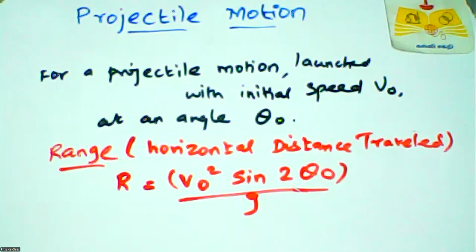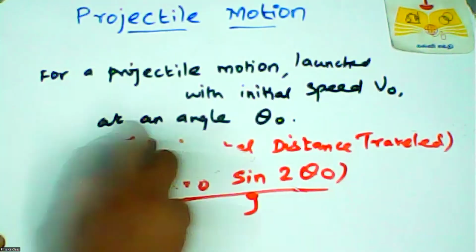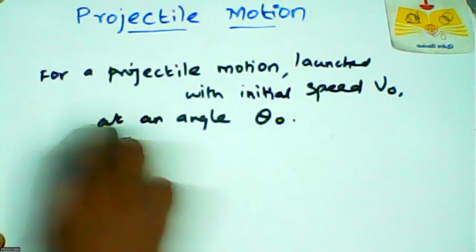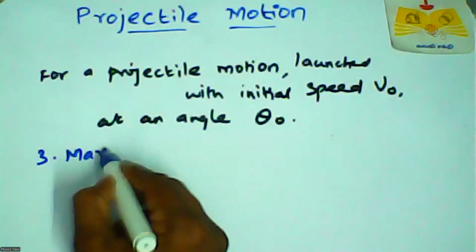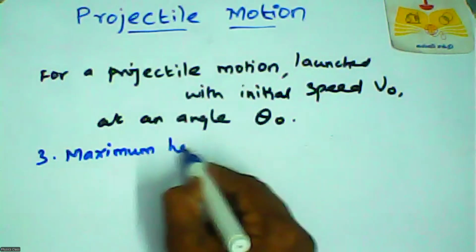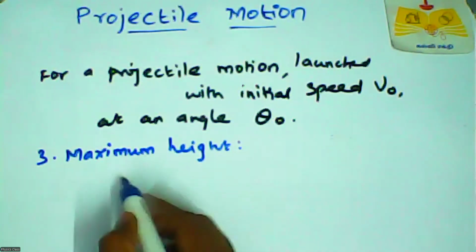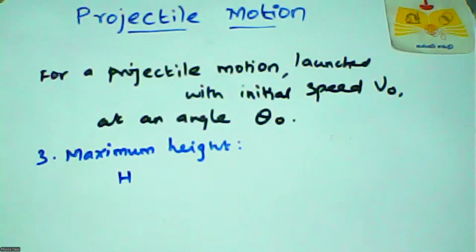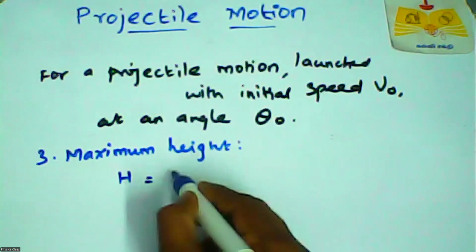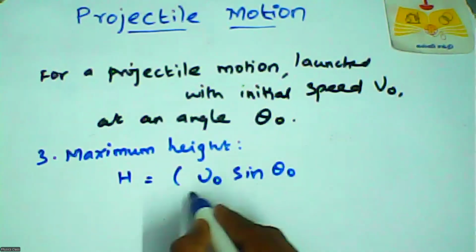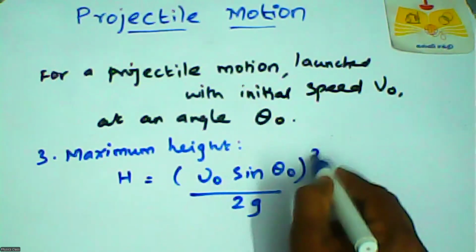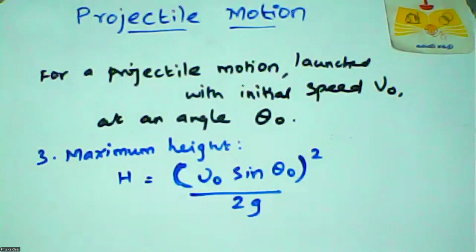Right. Now we can write the equation for maximum height, the third equation. We put H for maximum height. The equation for maximum height is V naught sine theta naught whole square by 2g.